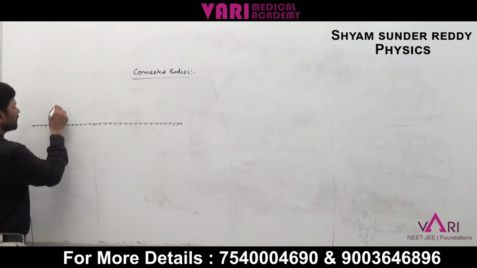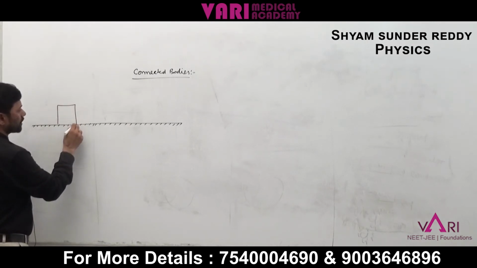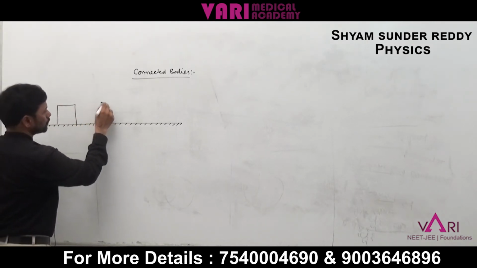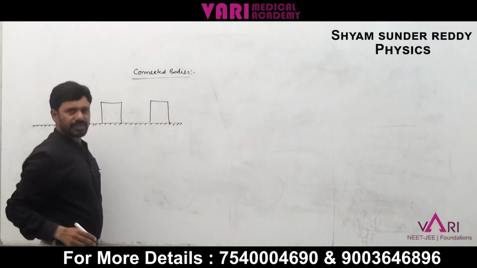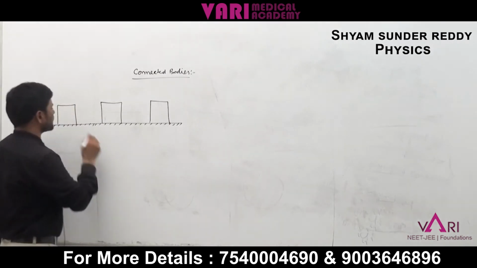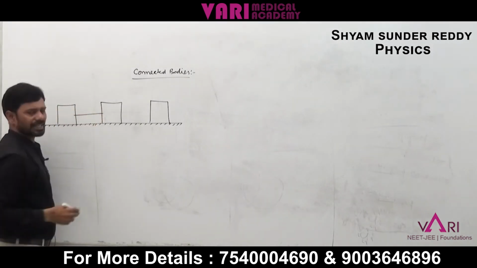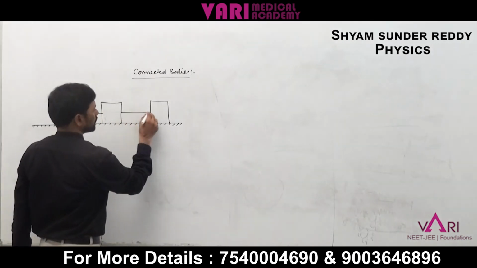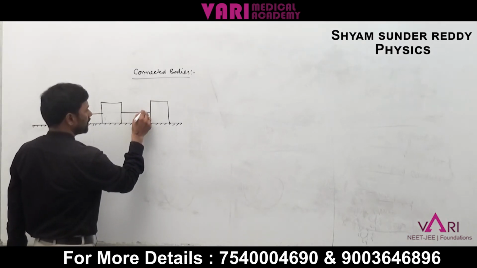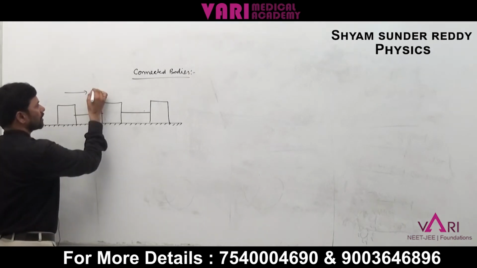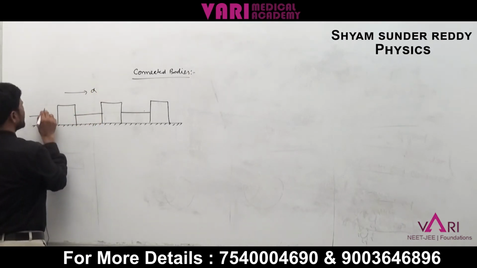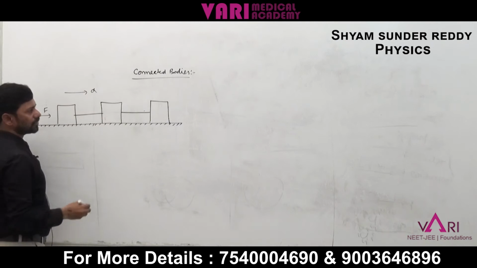On this, 3 blocks are there, block 1, block 2, block 3. These 3 blocks are connected with massless strings. Okay, it is moving in this direction. Force is applying in this direction, that's why it is moving in the forward direction.